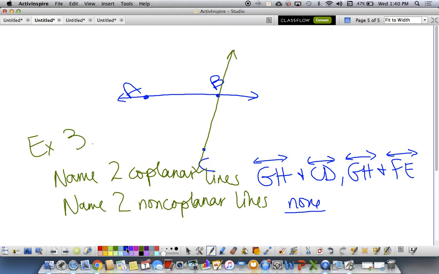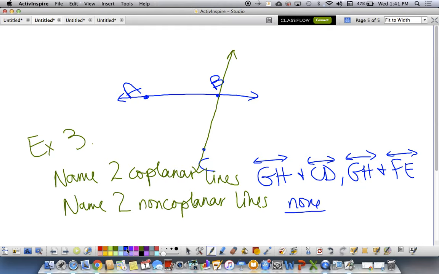All right, postulate 9. Go ahead, Jackson. A line contains at least 2 points. A plane contains at least 3 non-collinear points. Space contains at least 4 non-coplanar points. It gives the minimal number. How many points do you have to have to make space? 4 non-coplanar points.